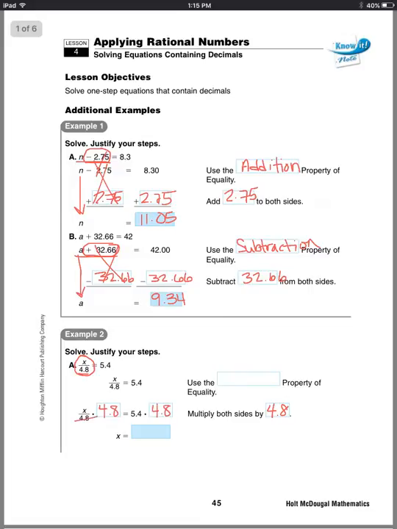And that cancels these 4.8s and leaves us with just x. And then 5.4 times 4.8, when you use your calculator, you get 25.92. And because we multiplied to undo, it's the multiplication property of equality.